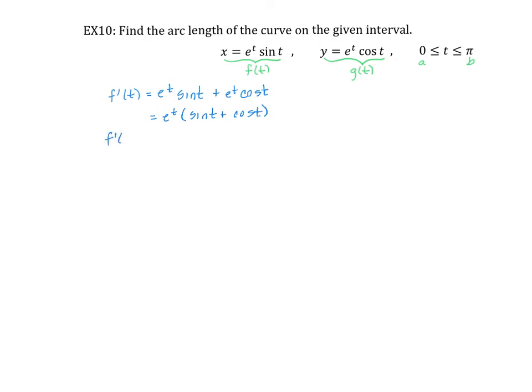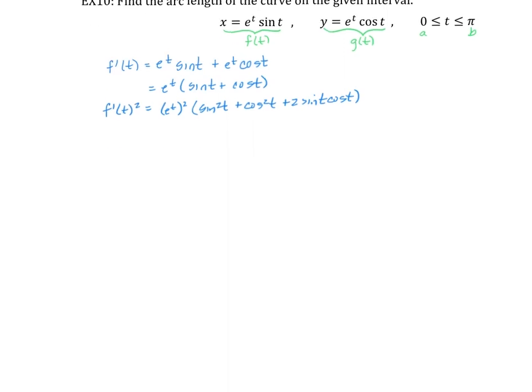So when I take the derivative of f and I square it, it's just simply e to the t squared. And then when I square sine t plus cosine t, it's going to be sine squared t plus cosine squared t plus 2 sine cosine. Again, that's just how I see it. You could have left it the way it was.